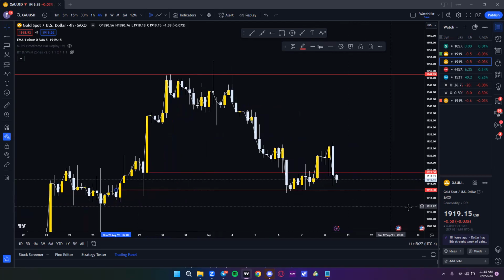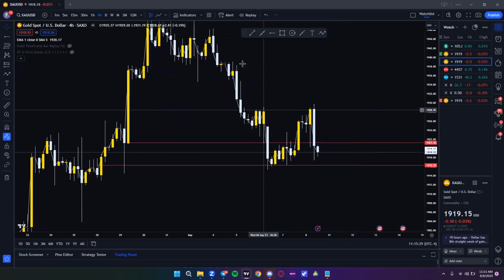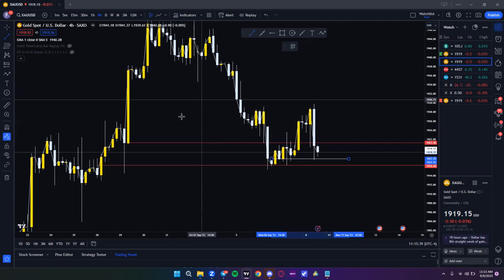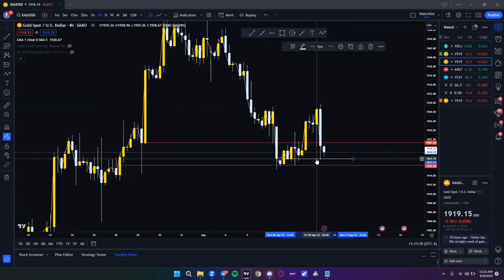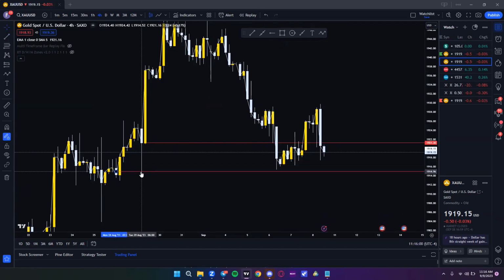And then what you see here is again another decision level being created to the upside, and then it took the price up. So when you do your homework, I'm going to give you a written text format of what I want you to look for. But this is why I don't use regular SNR.